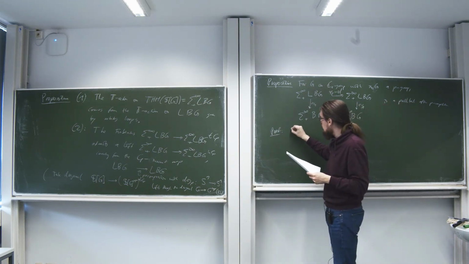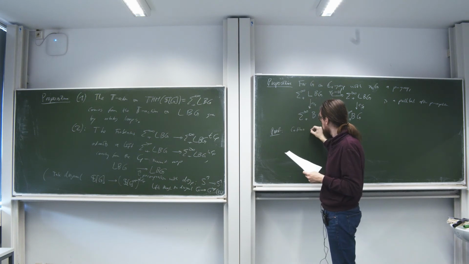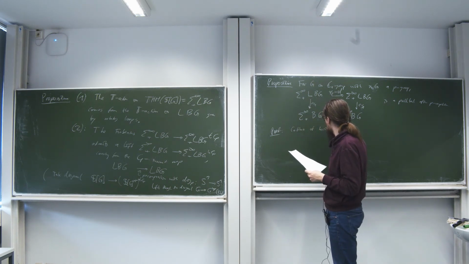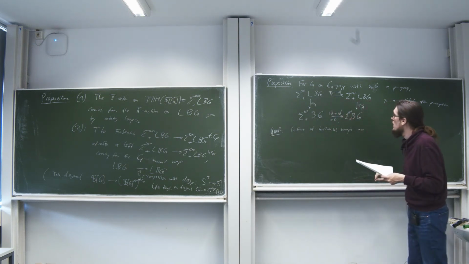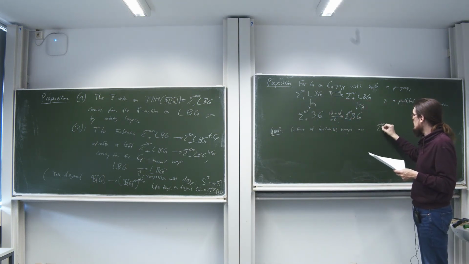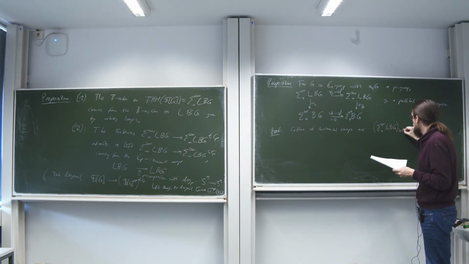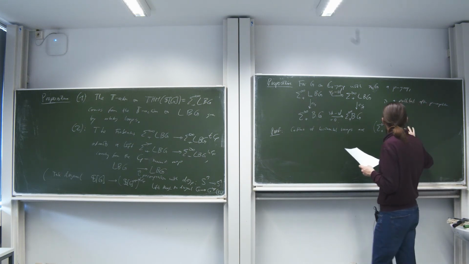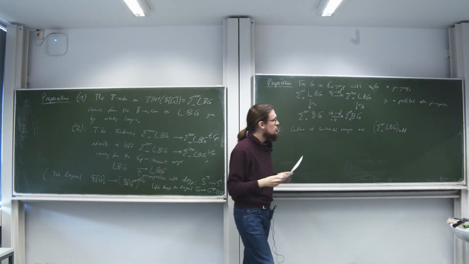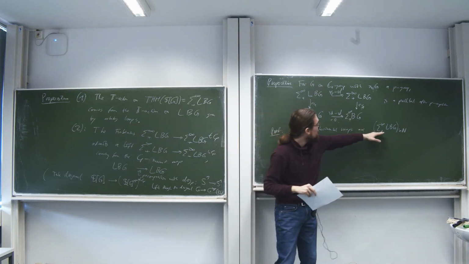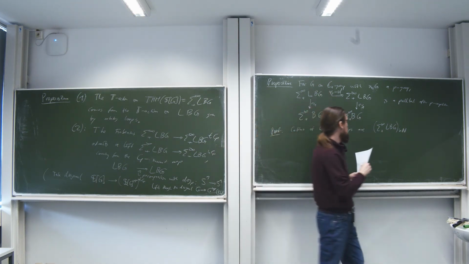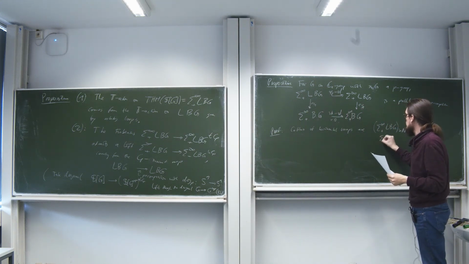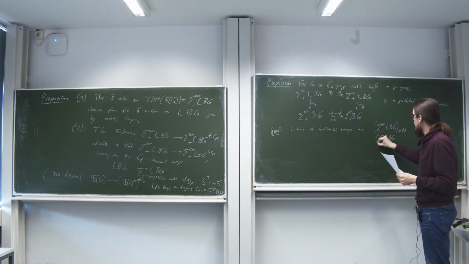So the cofibers of the horizontal maps are given by sigma infinity plus LBG, and then homotopy orbits under the action by the natural numbers given by psi p and the identity in that case. So let me put this directly below.